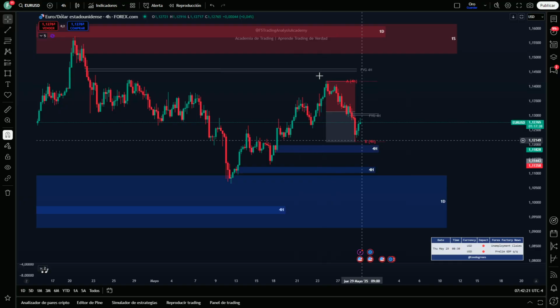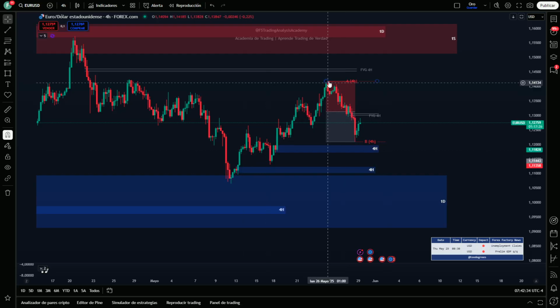It's red, so we also have a bearish structural point here, meaning that on the daily time frame we remain bearish after the retracement we saw earlier. And on the 4-hour time frame, this final movement has also made a bearish structure shift, indicating that the price direction here is now bearish as well.